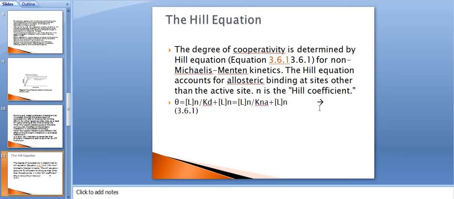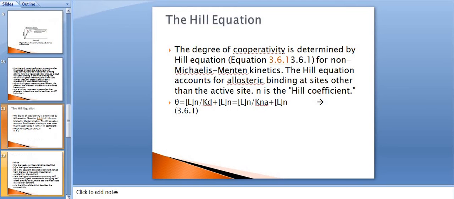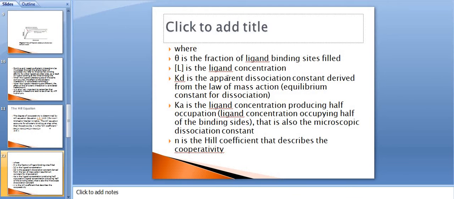If we take our equation, theta equals L^n / (Kd + L^n), which equals L^n / (Ka^n + L^n), okay. In this equation, theta is the fraction of ligand binding sites filled, L is the ligand concentration, and Kd is the apparent dissociation constant, which is derived from the law of mass action.